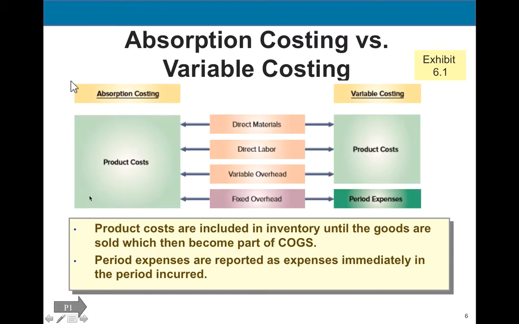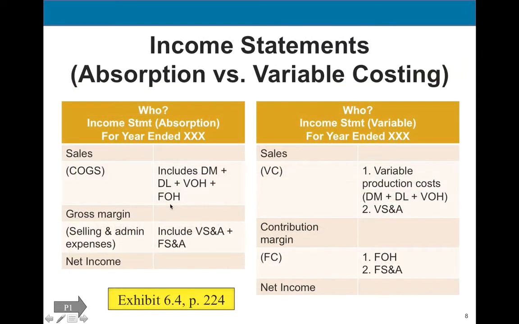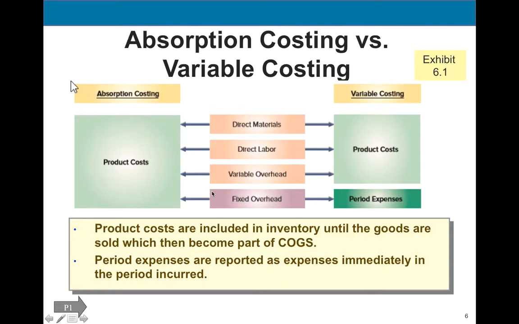We absorb all manufacturing costs. All of them are product costs. So a part of the fixed overhead for the items that we do not sell remains on the balance sheet. Under variable costing, fixed overhead is classified as a period cost, period expense. So the entire amount is expensed out.